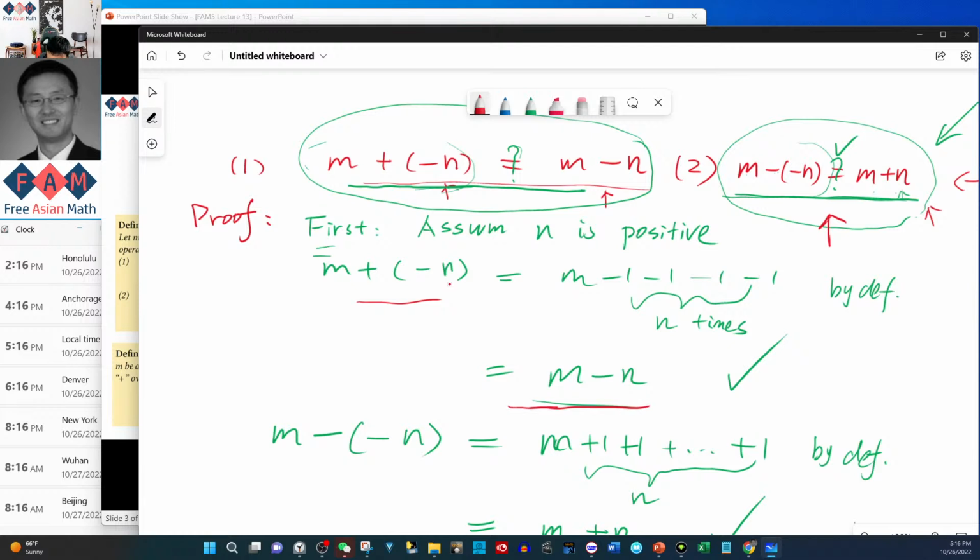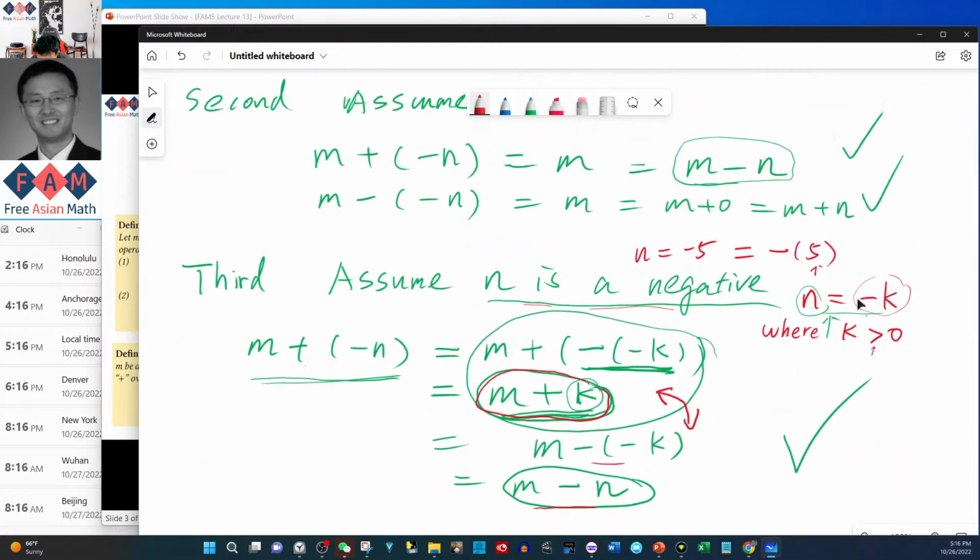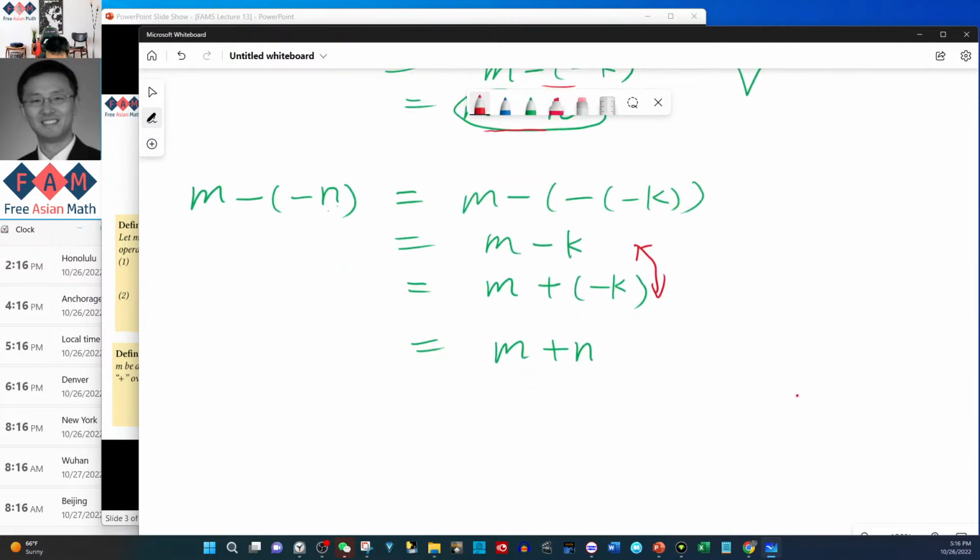We just use this in the reverse order. We proved m plus negative n equals m subtracting n. Certainly, we can see this equality from the right to the left. That's why we have this: m subtracting k equals m plus the negation of k. We just proved that. And therefore, by definition, this is true.